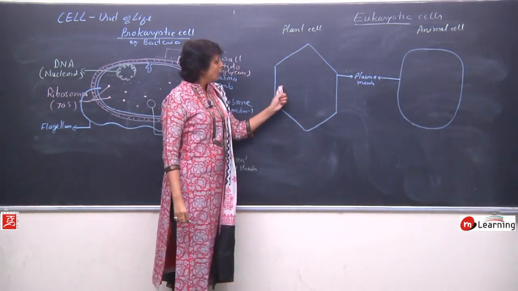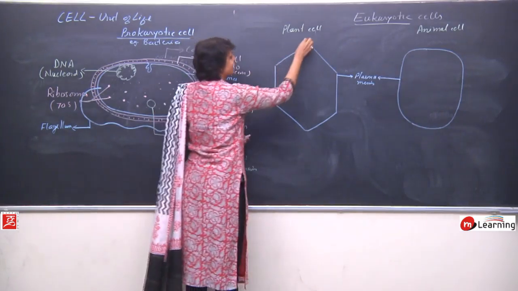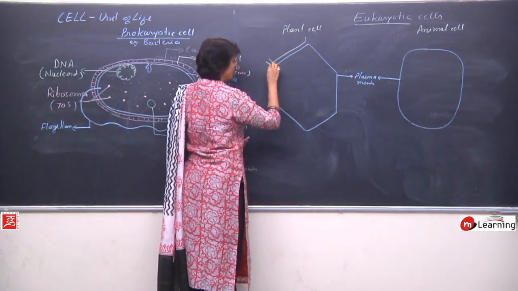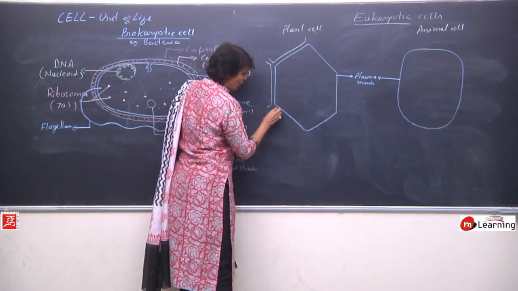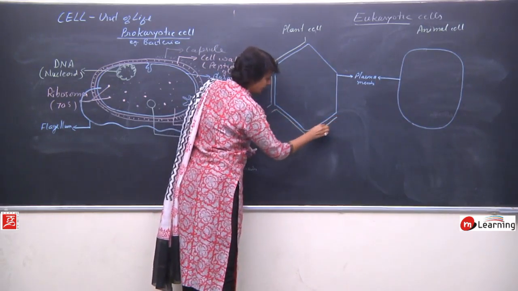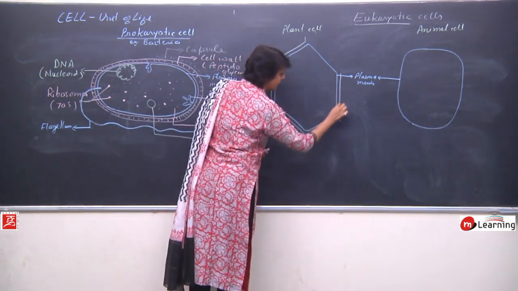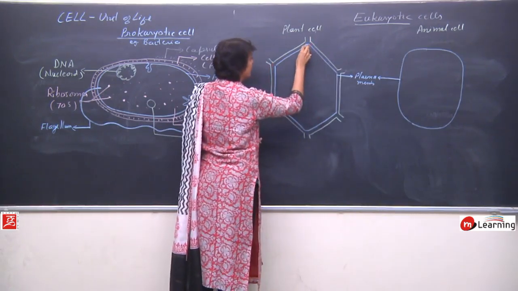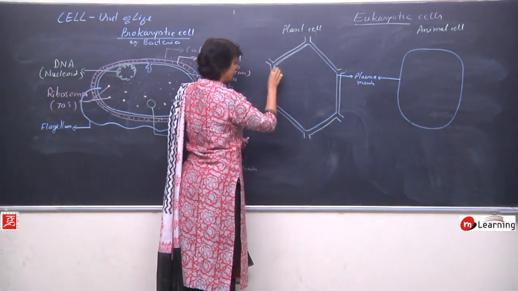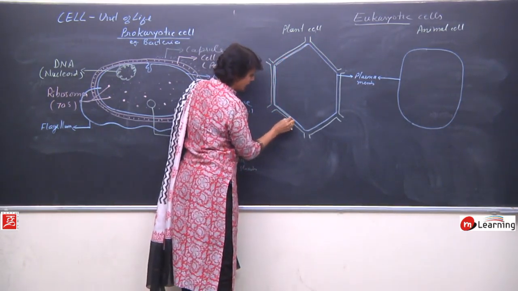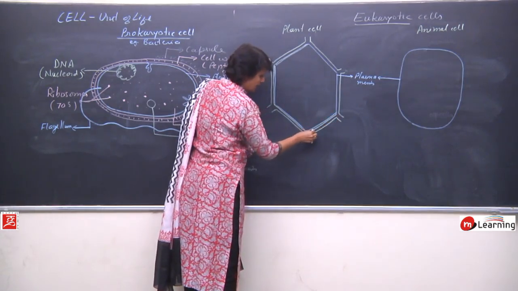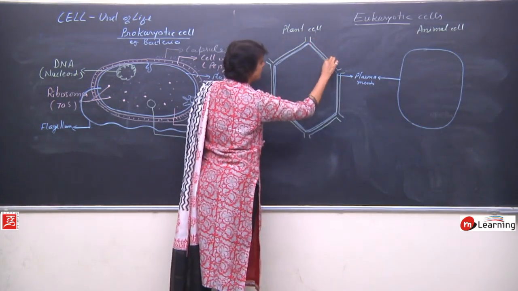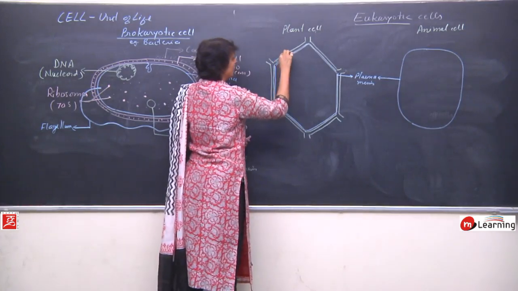In plant cell, outside the plasma membrane, there is one more layer which is made up of cellulose, and it is called the cell wall. Cellulose is a polysaccharide which makes up this cell wall, which is found in plant cell.